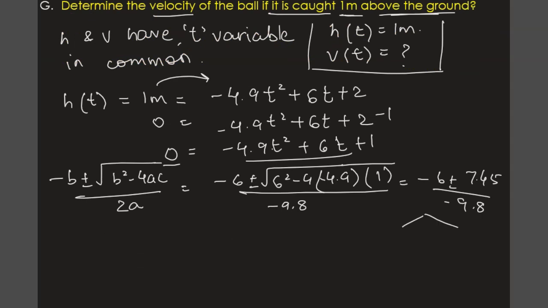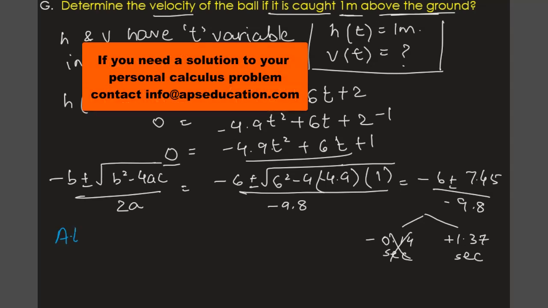That gives us two answers: negative 0.14 seconds, and positive 1.37 seconds. As time cannot be negative, we can rule out the negative option. So from here we get to know that at 1.37 seconds, the height of the ball is 1 meter.